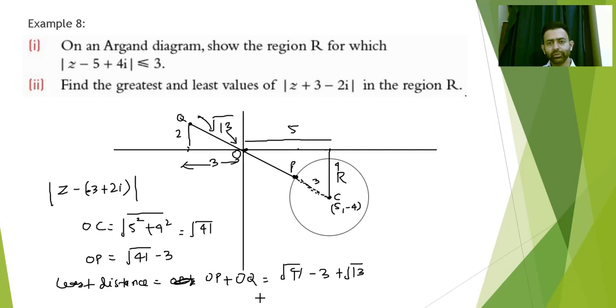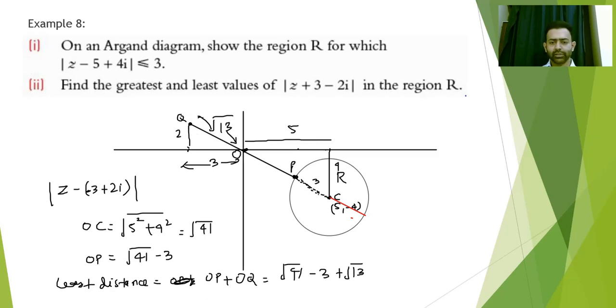And the greatest value will be if you extend this line like this. Okay, so in this, if you add the diameter, which is 6, right? So this OC is root 41. In this root 41, if you add this 3, you get root 41 plus 3, and then OQ, which is root 13.